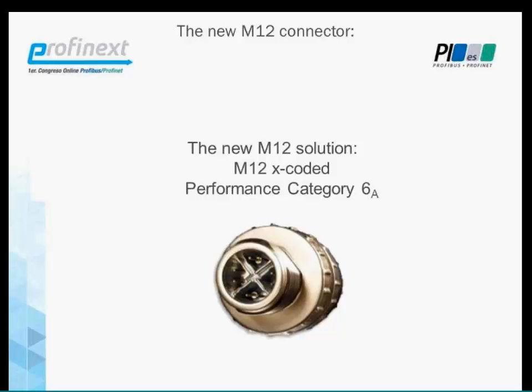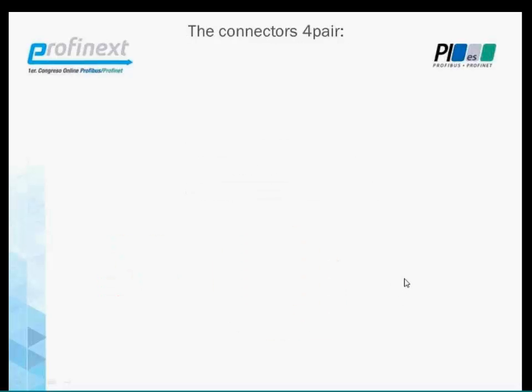So it is a very future-proof concept with this M12. Today there are many manufacturers which can deliver this M12 X-coded. And of course, there are solutions for this plug for on-site termination, which is typical for automation applications.